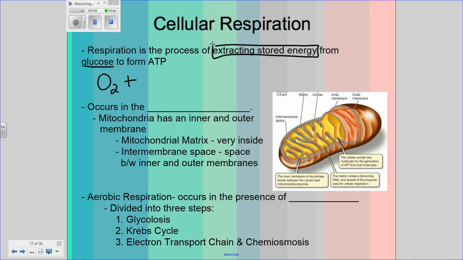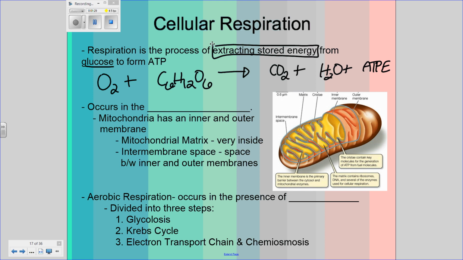We're going to have to put in the food itself, glucose, to be specific. And then by the end of the entire process, we're going to get some carbon dioxide, some water, and finally, that energy we've been looking for in the form of ATP, something the cells can actually use.